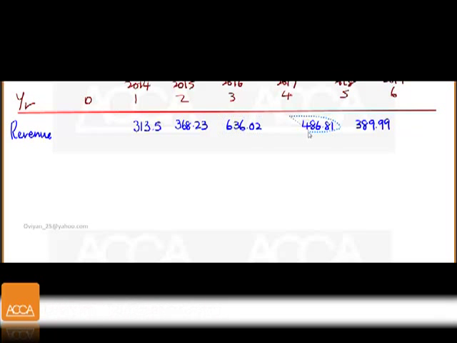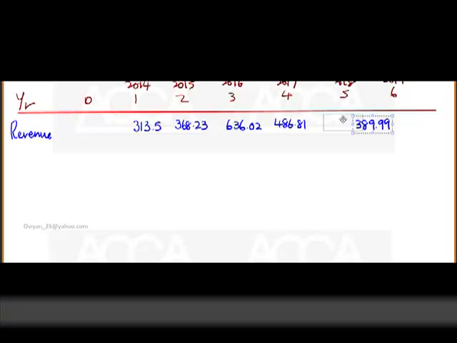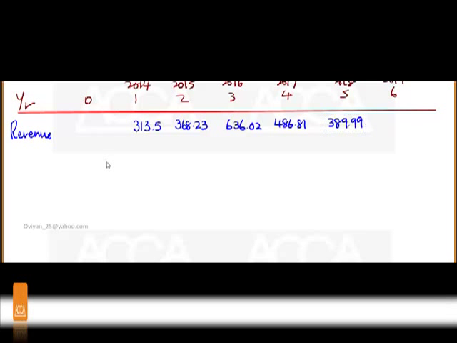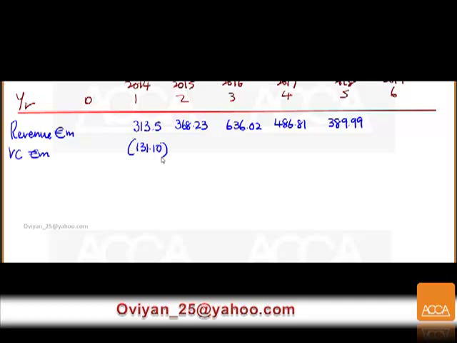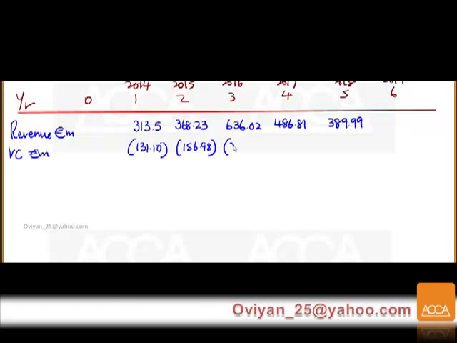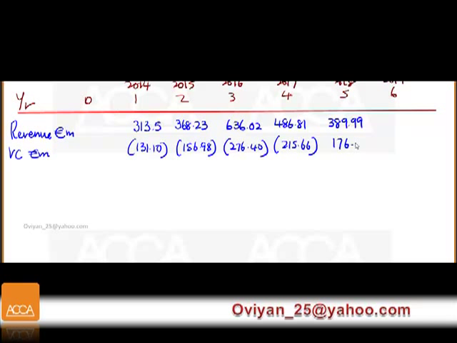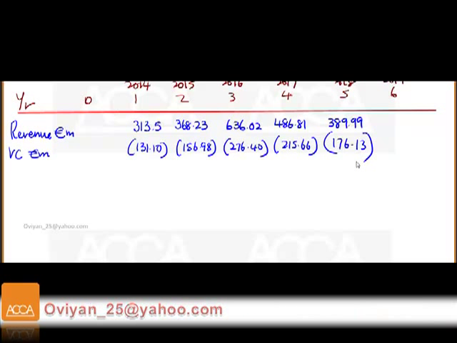This is going to be my revenue in this particular period. Then we're going to have something called variable cost, which is in euro million. Let me just copy this like this: 156.98, 276.40, 215.66, 176.13. The figures are all found up there.